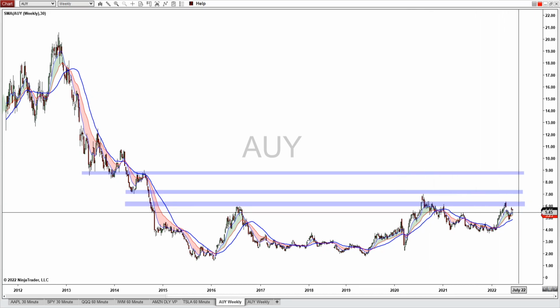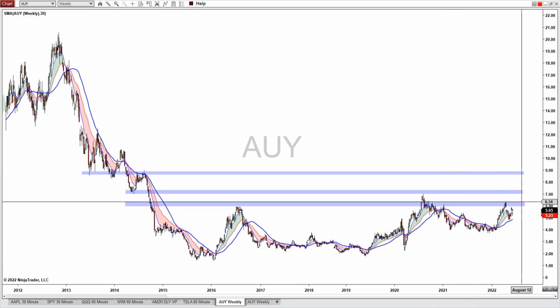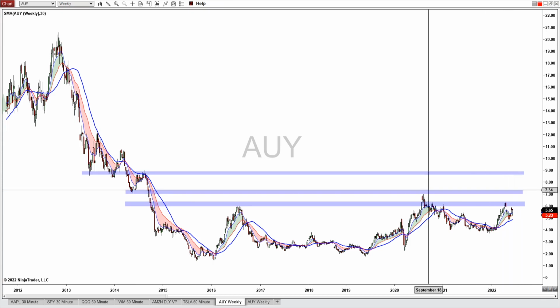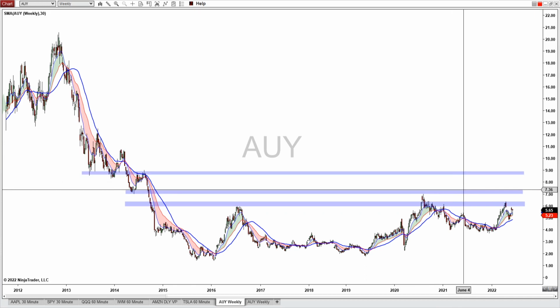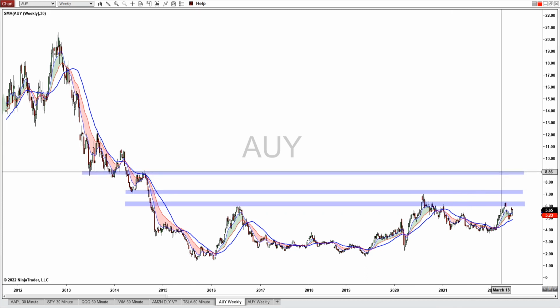So right now, if it could break out of this upper area above 6.30 or so, look for this $7 area and see would it be able to get back up above that. And if it is able to get above this 7, then we'll be looking at the possibility it might be moving up to this $9 area on a little bit of a longer term.